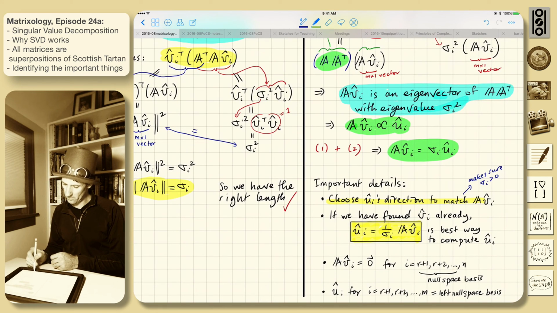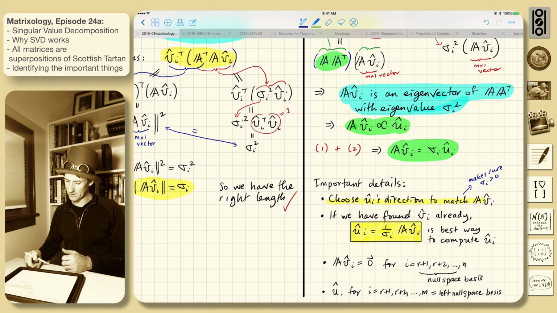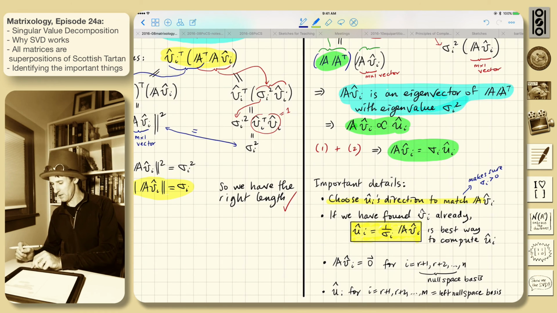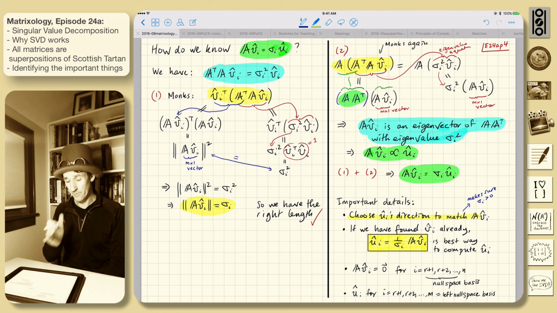A times Vi is 0 for all of the vectors of the V basis that are in the null space, and the same for Ui. Those Ui vectors live in the left null space, and A transpose A times them would be zero. Okay. Good.